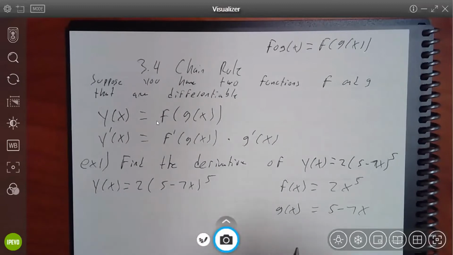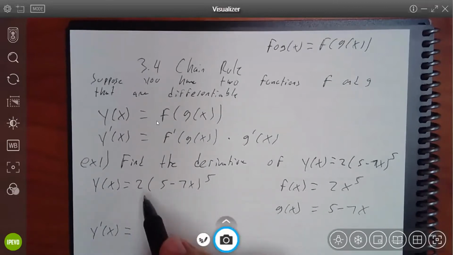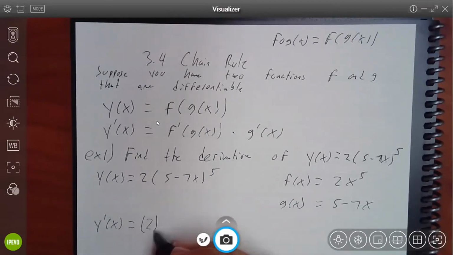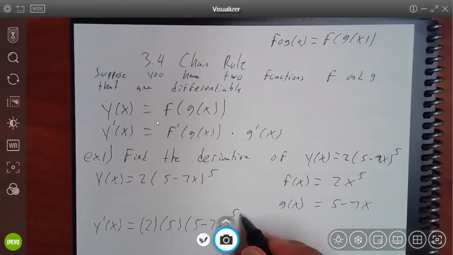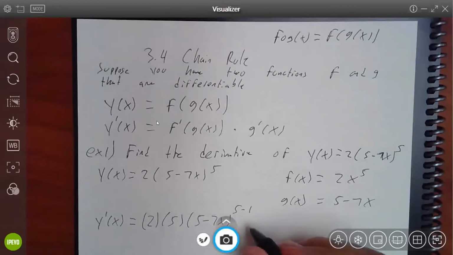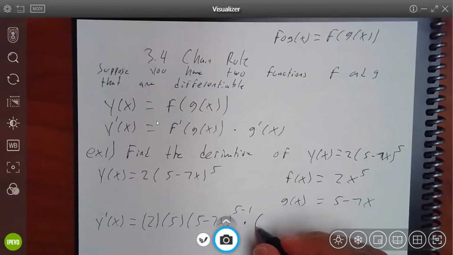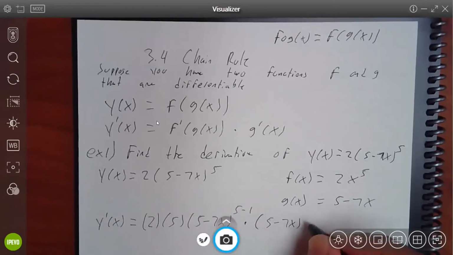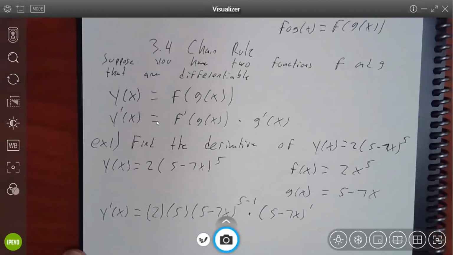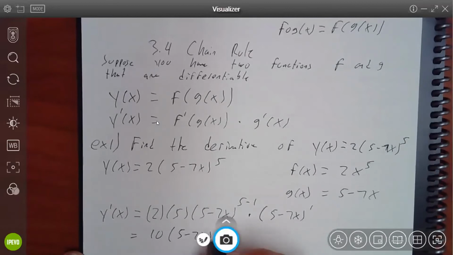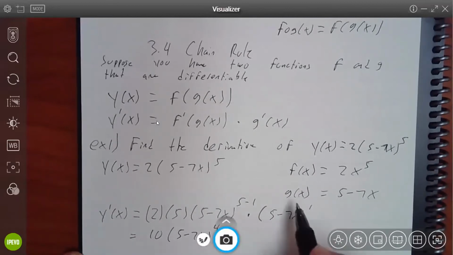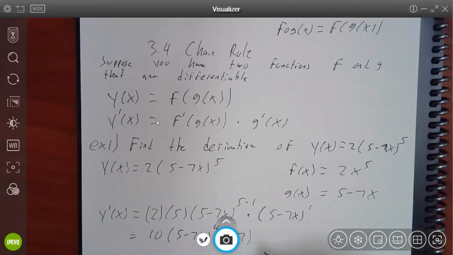So what you do, for the derivative, you do the derivative of the outside, you bring down the 5, just ignore the inside, 5 minus 1. And then you multiply by the derivative of the inside. So this becomes 10 times (5 minus 7x) to the 4th. Derivative of this will be a negative 7.